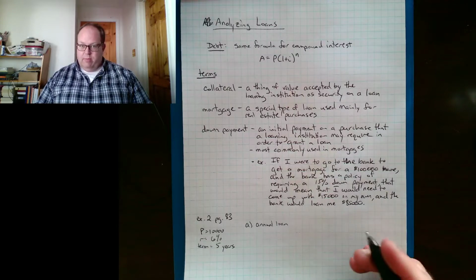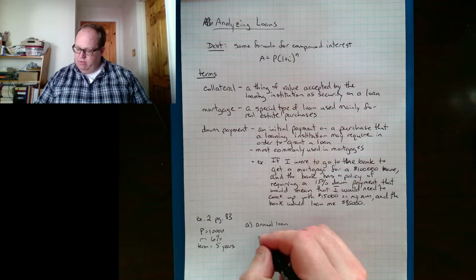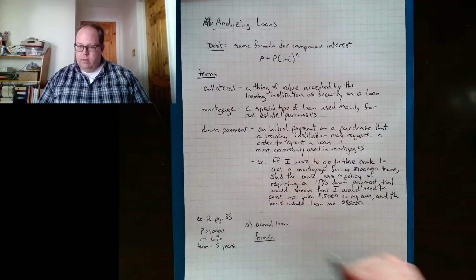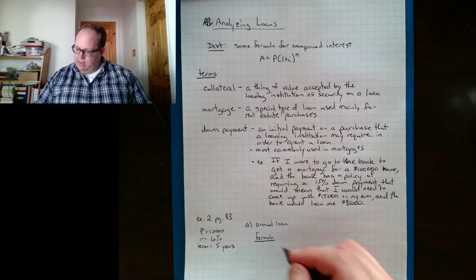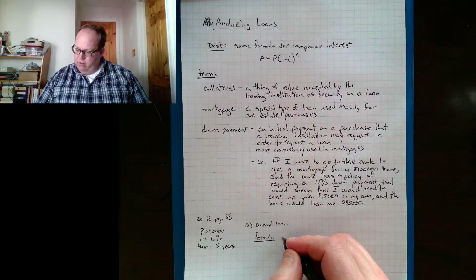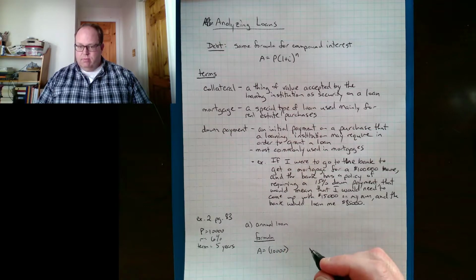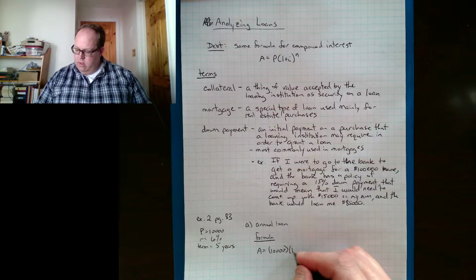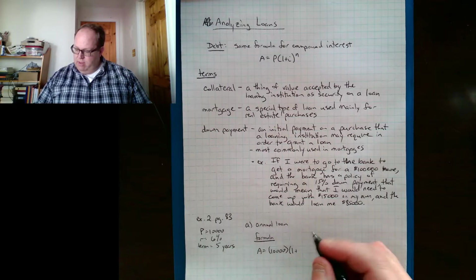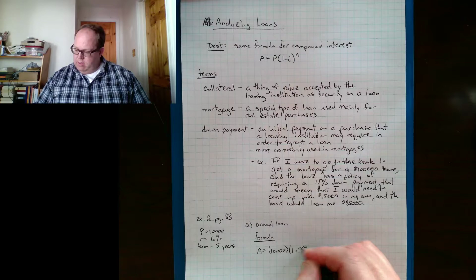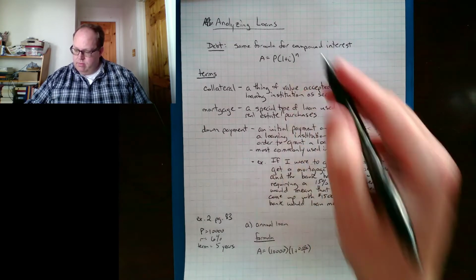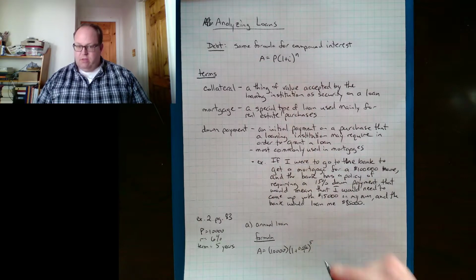So, to figure out how much she owes, we can either simply use the formula, in which case my A value is what I'm looking for. My P value would be the $10,000. My I is simply going to be 0.06 divided by 1. And my N would be 5, since it is 5 single-year terms.